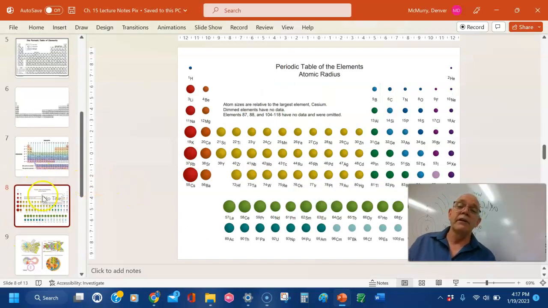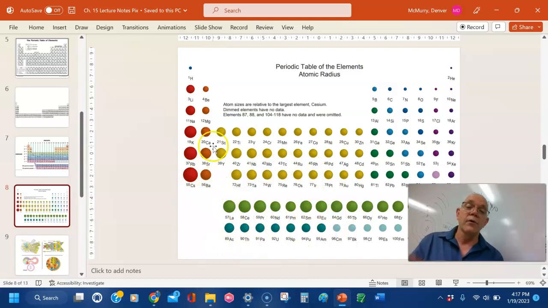Let me see if I can find the chart. Generally speaking, you will see that as you start on this side, these are the biggest ones because why? They've just got a new row of electrons compared to the row above it. But as you go across, that shell, whichever it is, first, second, third, fourth, fifth, sixth, seventh, gets sucked in closer and closer because there's more protons in the middle pulling it down. Now, there are a few exceptions, and we're not going to go into why those are exceptions, but basically, you see that same trend all the way throughout.